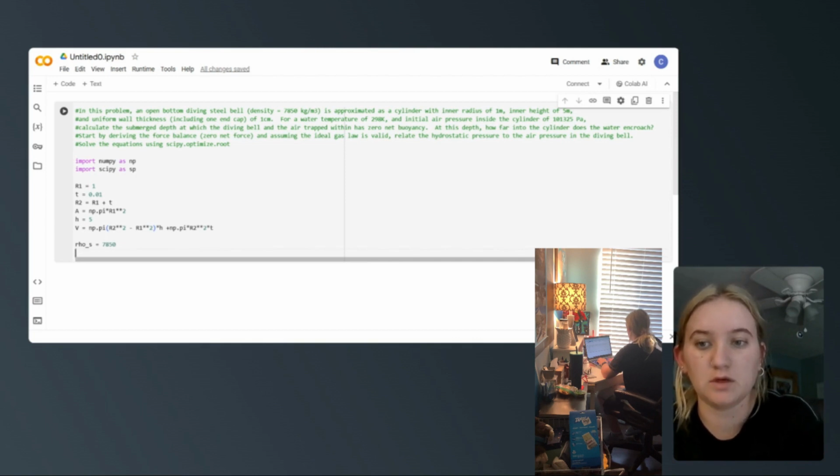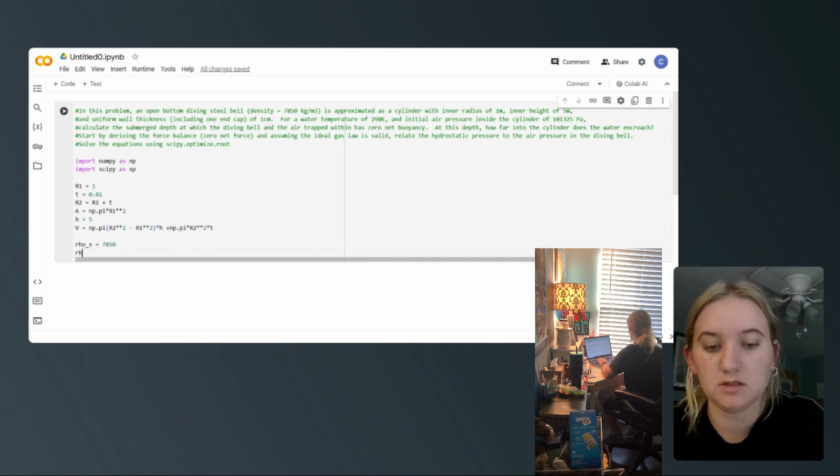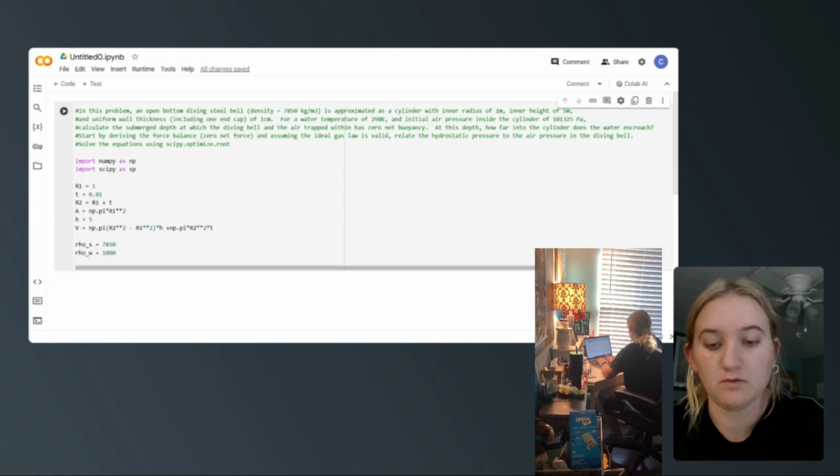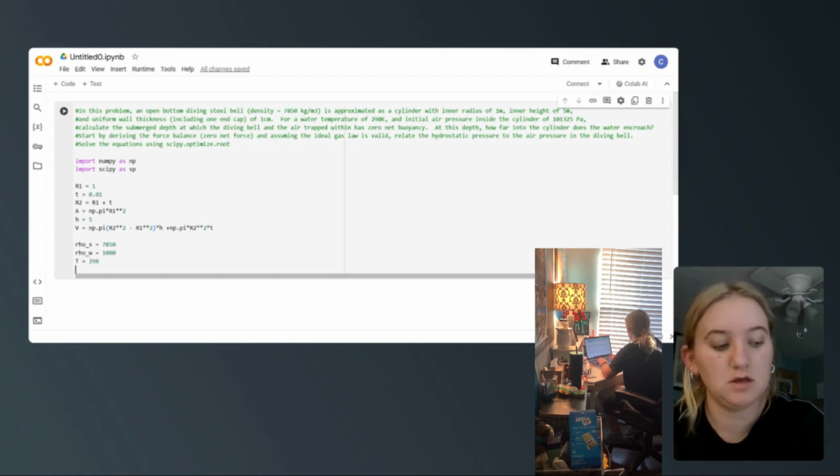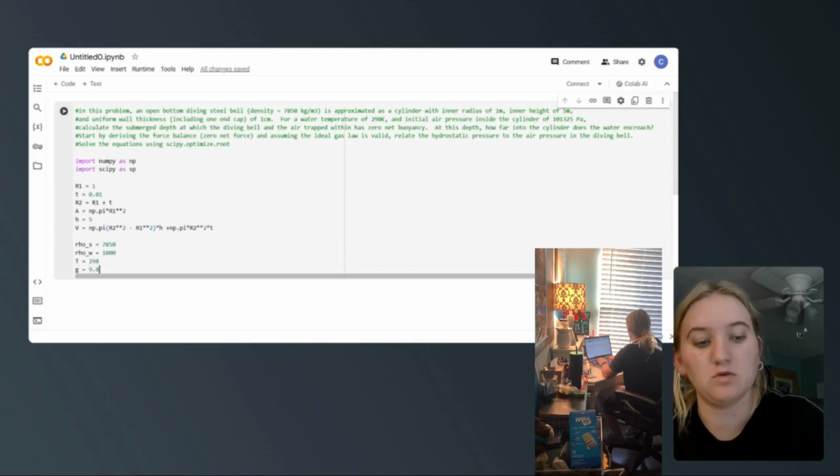And then we're going to have our density of water, which is equal to 1,000. And then we'll have our temperature, which is 298. We'll have gravity, which is 9.81.